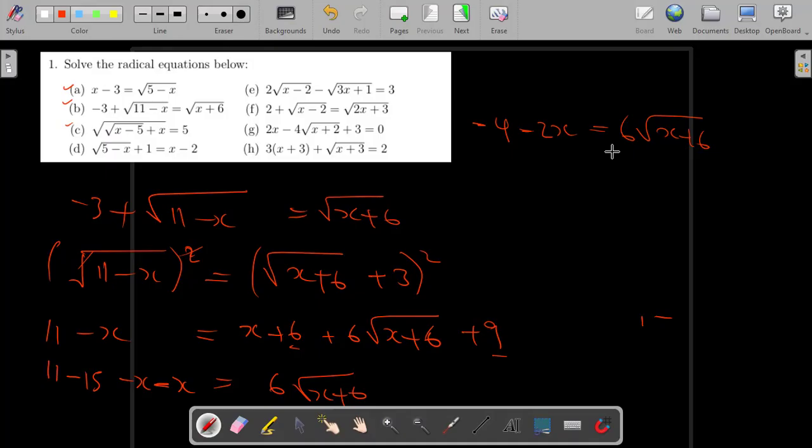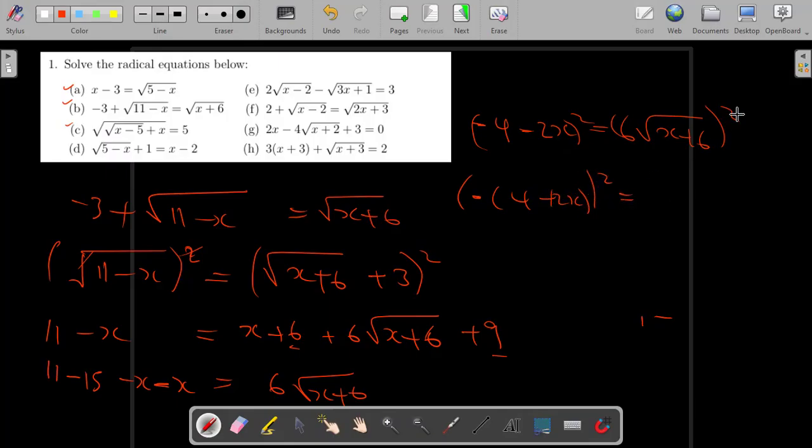Next, what do I do with that? I can square both sides. So I square this side and I square the other side in order to get rid of that radical. I need to make sure it's free of that radical. Observe here, when I factor out the negative, I remain with 4 plus 2x, and I'm squaring here.